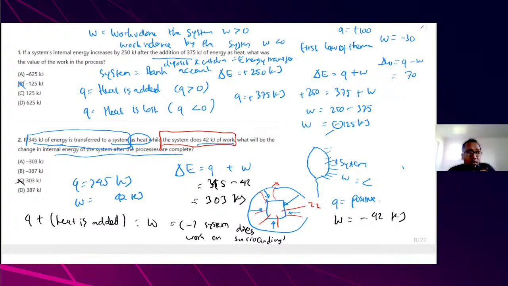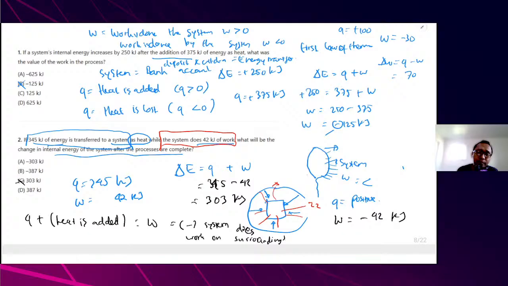System does work: energy will leave the system and W will be negative. So you have a balloon, you blew it up, and then you let it go without tying it, and this balloon will push air out as it shrinks.